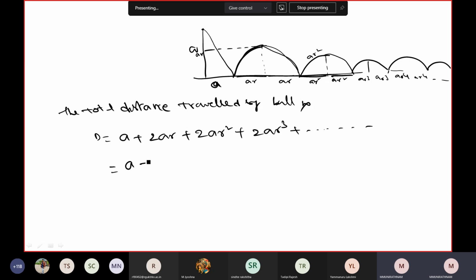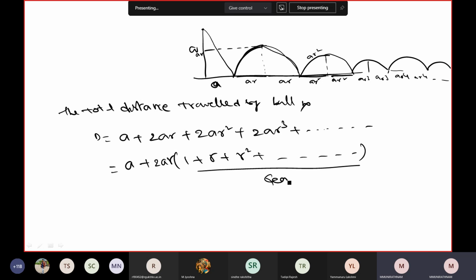So I'll keep A the same, and take 2AR common from the rest: 1 plus R plus R square and so on. So this will be a geometric series. What is the sum of infinite terms in a geometric series? A by 1 minus R, where A is 1 and R is R itself.